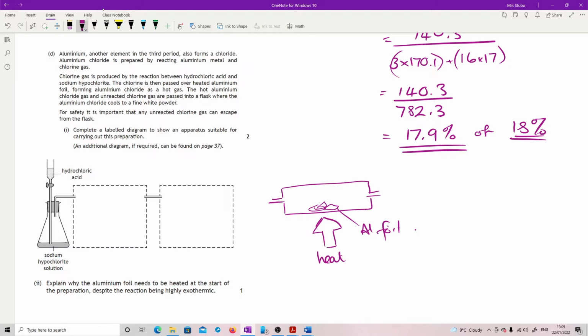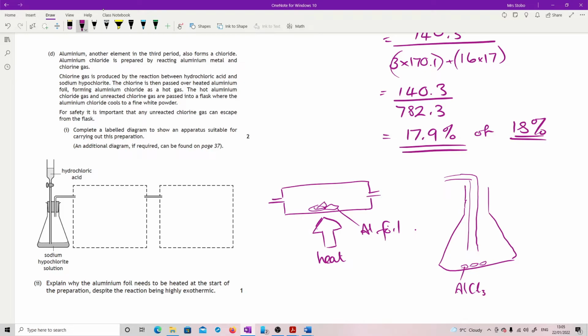Then for my collection, it says that it goes into a flask, so let's just make a flask. We would have our tube coming in and going down. Oh, terrible diagrams I draw, but I draw them very neatly when I've got a ruler and it's on paper, just not on this. Then it says that it forms a white powder at the base, and that's your actual aluminium chloride.